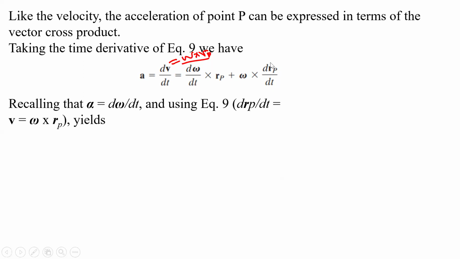So this again comes out to be two components. The d RP/dt is omega cross RP.